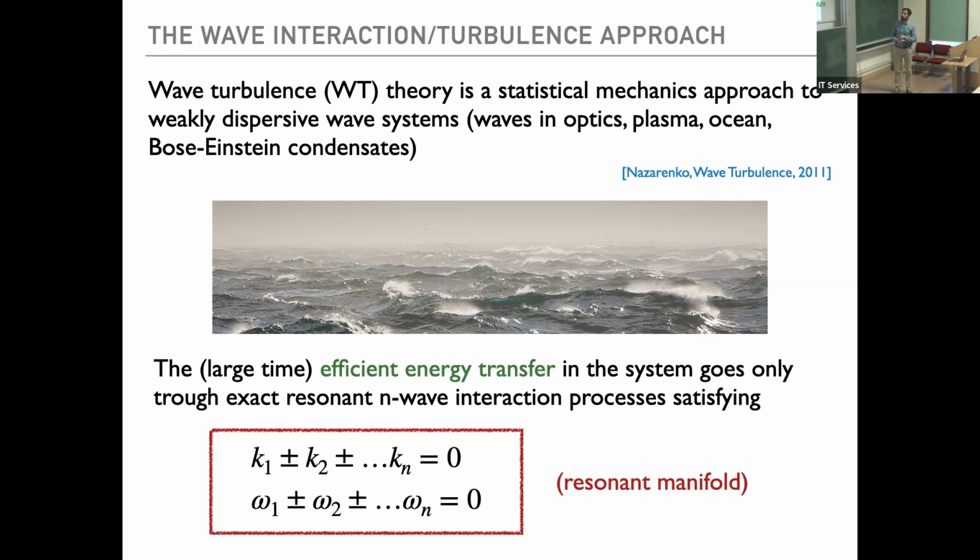And normally, this will happen on something called the resonant manifold that depends on the type of the system. So the resonant manifold is some kind of relation between the wave modes and the angular frequencies of such modes.